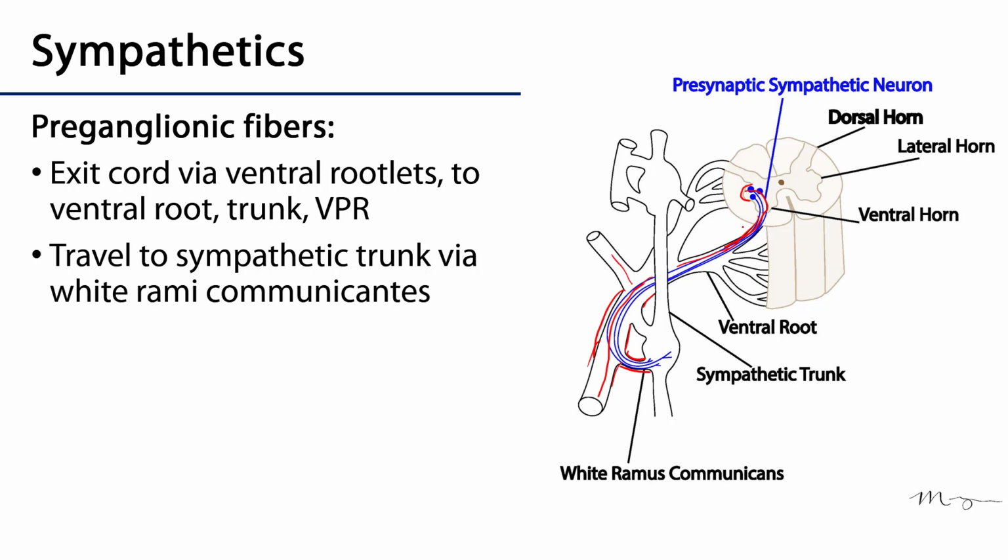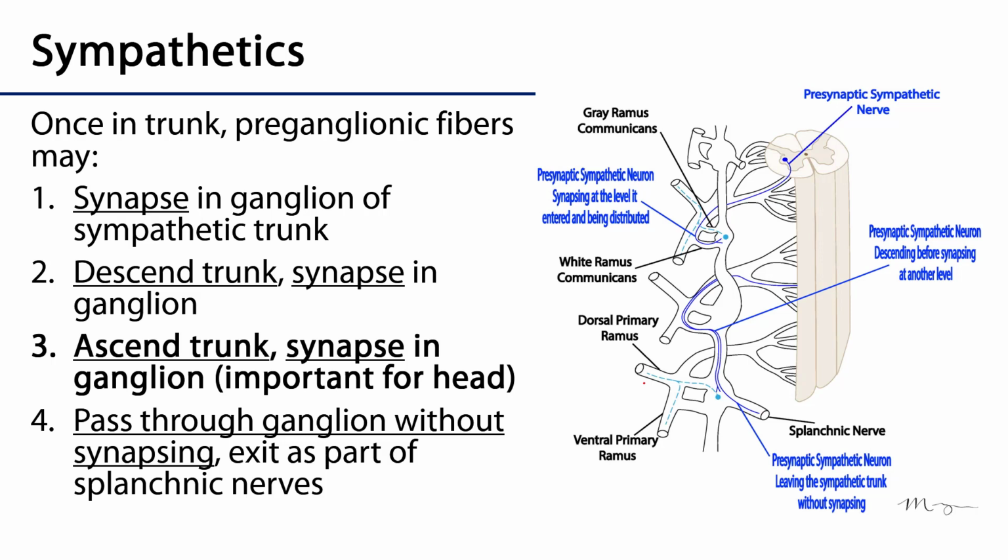And those preganglionic fibers are traveling into the sympathetic trunk here. Sympathetic trunk consists of a series of ganglia which are connected by fibers. Good. So once we get to that sympathetic trunk, and I'll just outline the trunk here.